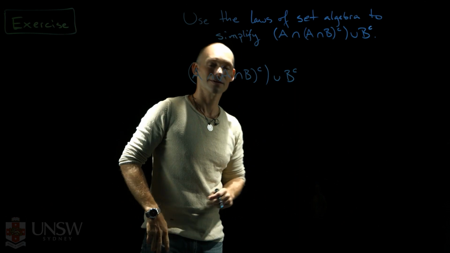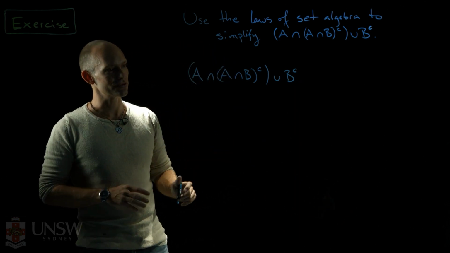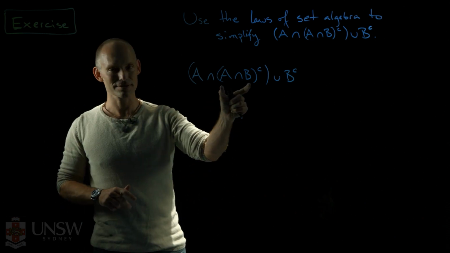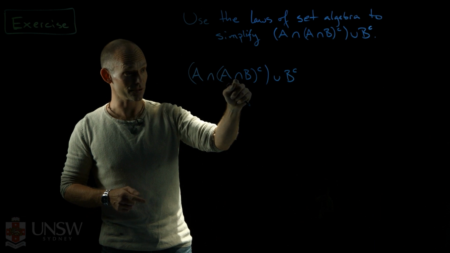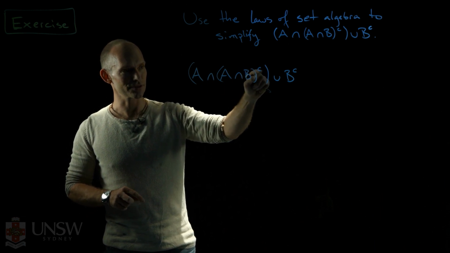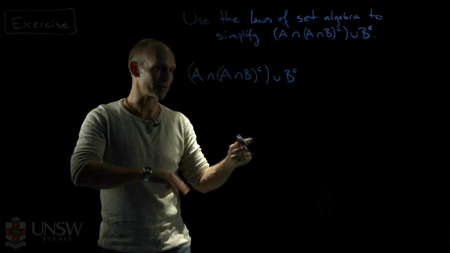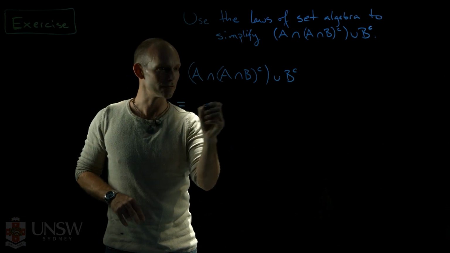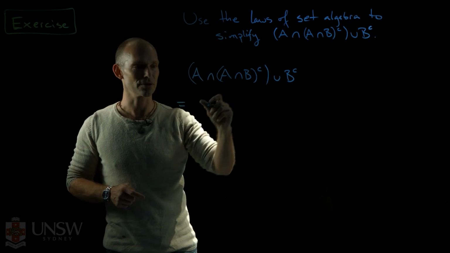We do. So now the first thing that you would generally try to check is whether there are any brackets containing some unions, or here intersections, where there's a complement outside of the bracket, because then we can use De Morgan's law on it. So let's do that. In fact, here we do have two sets that are intersected with a complement outside.